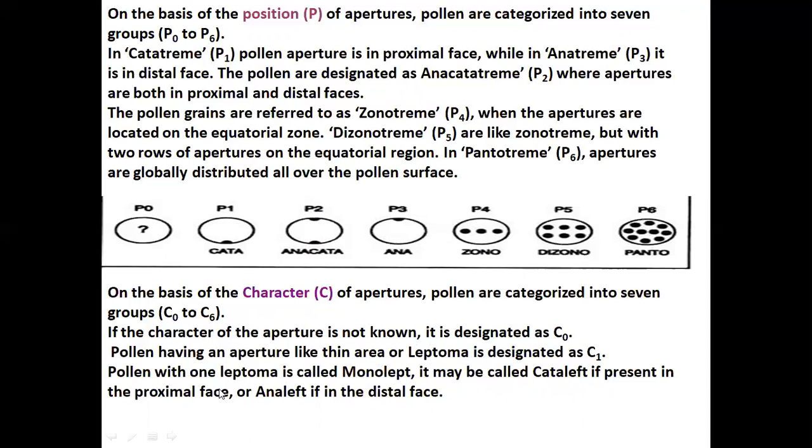Pollen with one leptoma is called monolept. If it is in the proximal face, it is called catalept. If it is in the distal face, it is analept.